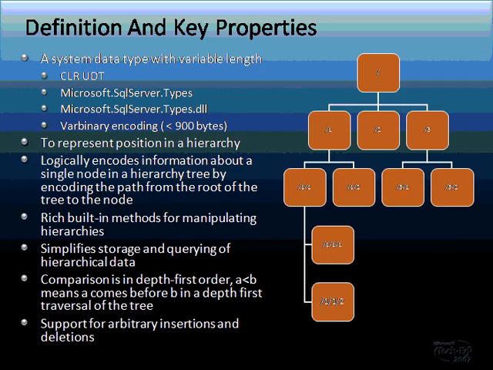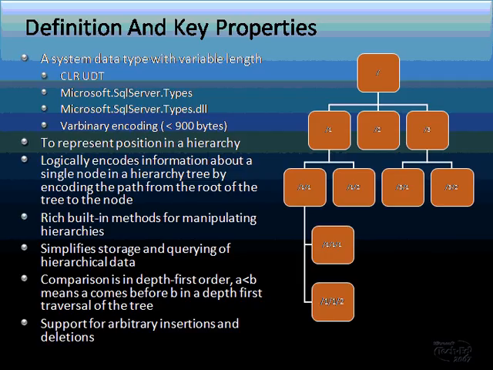Internally, the type is a varbinary, and we store the value of the hierarchical node information in this varbinary. In general, this HierarchyID type is used to represent each node in the tree.